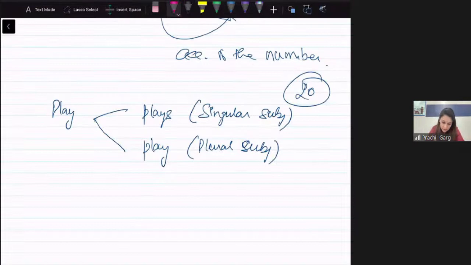Can you see this s here? So run will become runs, walk will become walks, eat will become eats, cook will become cooks, teach will become teaches, and so on. If the subject is plural, the base form will remain the same. Play will remain play, and run, teach, cook, walk, everything will remain the same.